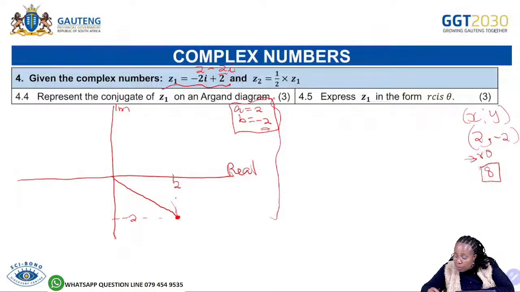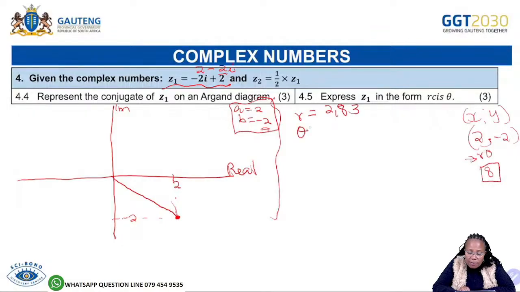Then you press second function, grade 12, and then you press 8. It gives the R value as 2,83, and it gives you the theta value as negative 45. It is giving you negative 45 because it's calculating in this direction.